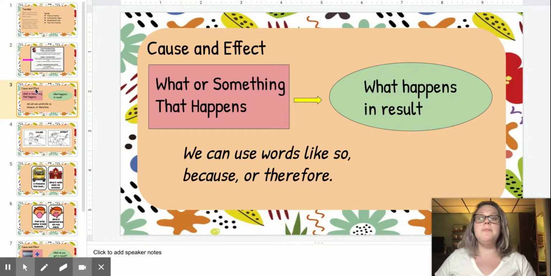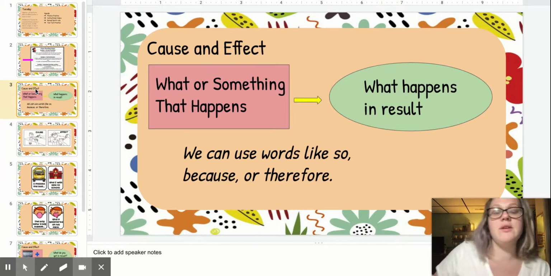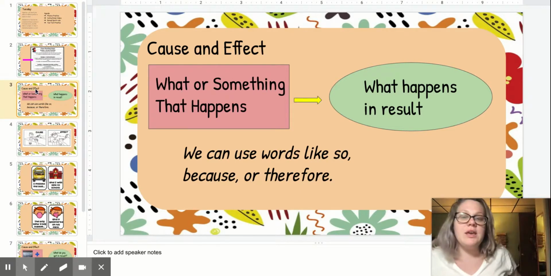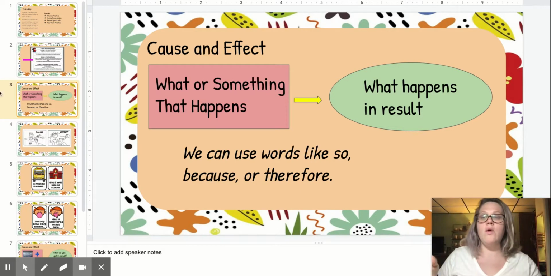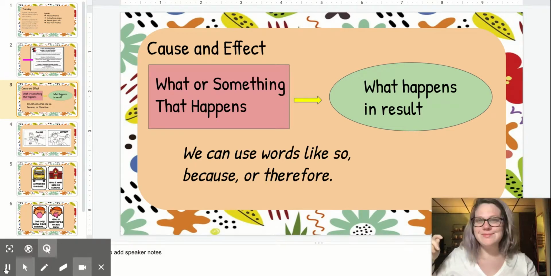So that would be an effect of me getting accepted into this college. So when we use cause and effect, we can use words like so, because, or therefore.